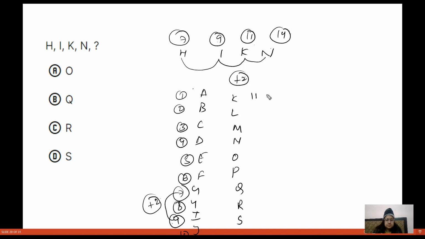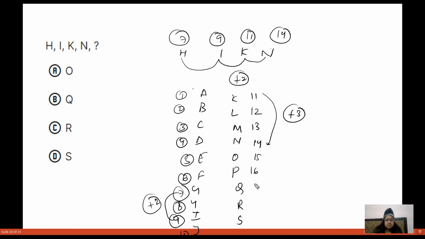Then from 11, you are going to 11, 12, 13, 14. So this is becoming plus 3 here. So in the first one, we skipped just one. So G to I, and then we went from I to K, and then we skipped 2.